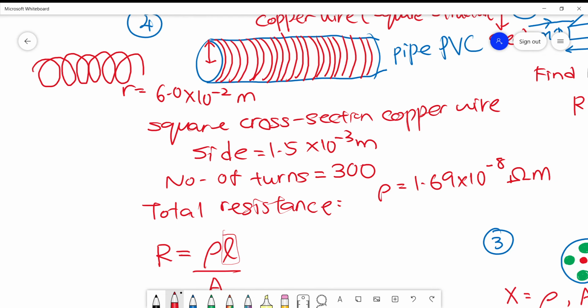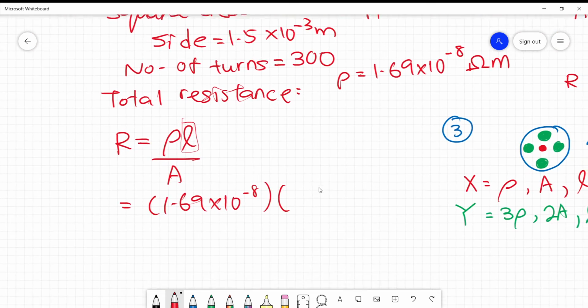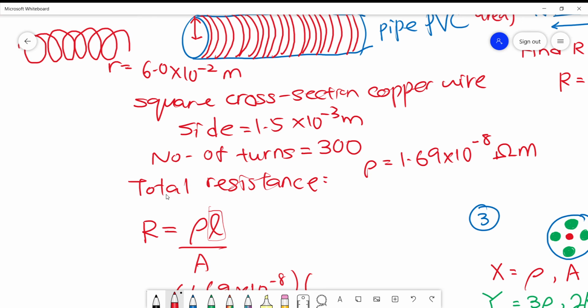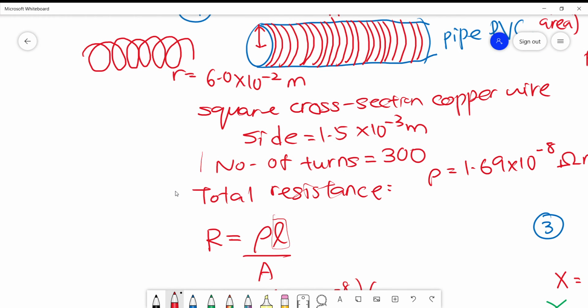So I can say the length of the copper wire for one turn. This copper wire forms several turns. We have the first turn, this is the second turn, and this is the third turn, and so on.